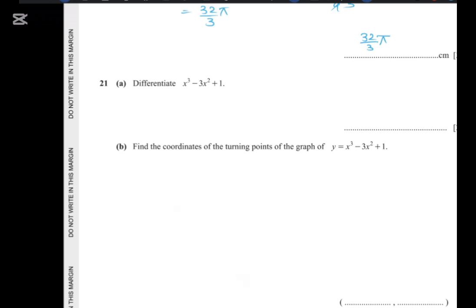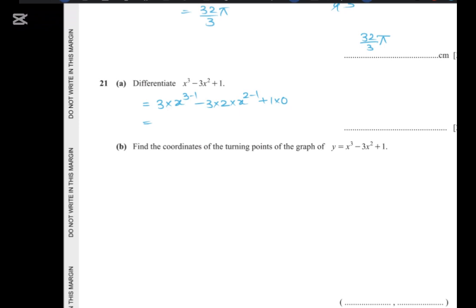So for differentiation, what we have to do is take the powers, multiply with the x and the power minus 1. Minus 3 multiplied by 2, the power of x is 2 here, then multiply with x raised to 2 minus 1. And because we don't have any variable here, the last term will be 0.